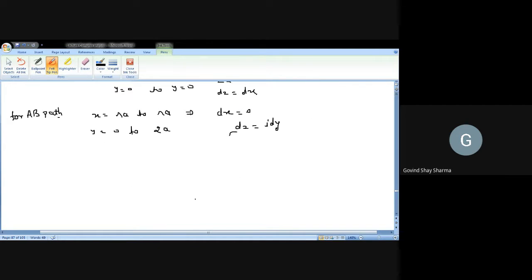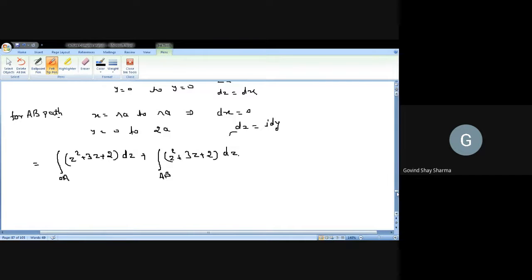For OA the integration is the integral of z square plus 3z plus 2 dz, plus the same over AB.